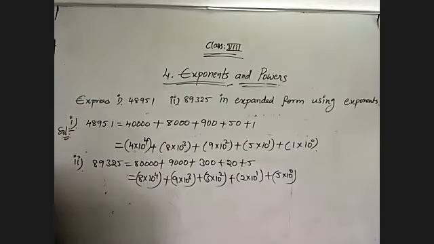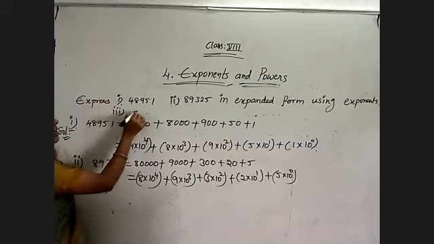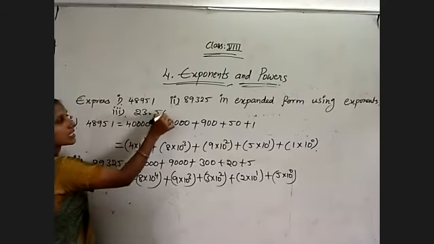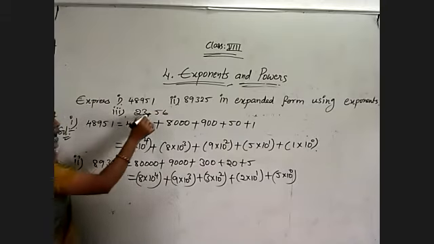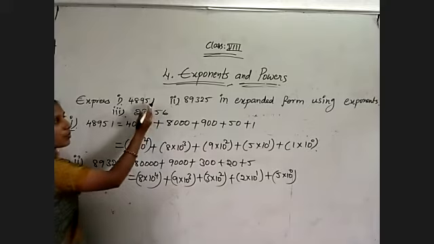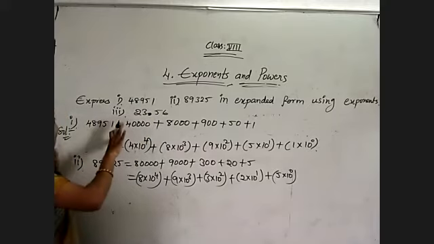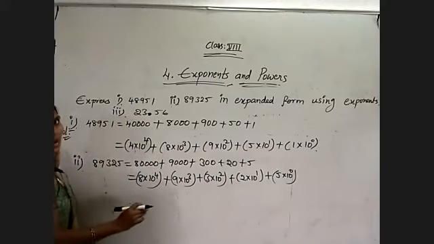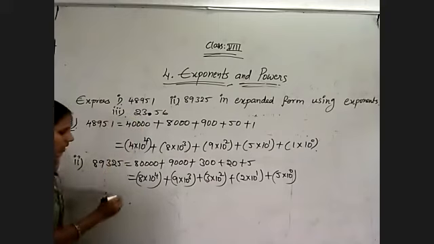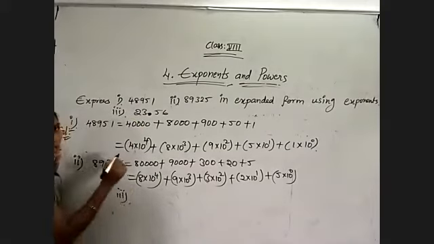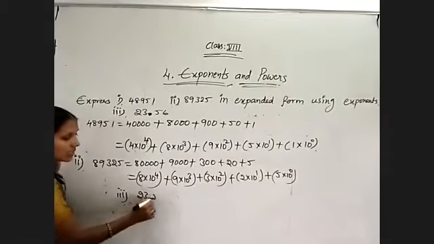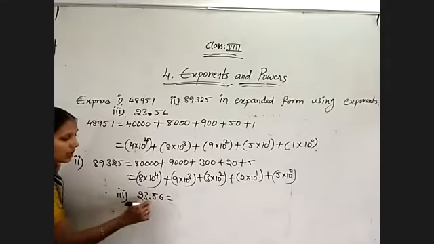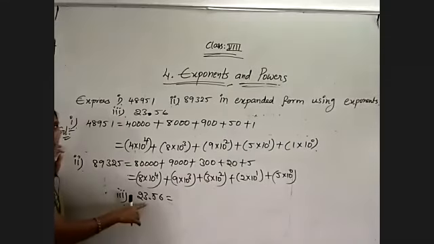Now, if we have a decimal number, for suppose 23.56. As we know, for a decimal number, before the point is the whole number part, and after the point is the decimal part. So how do we expand that number? 23 is a whole number. 2 is in the tens place, 3 is in the ones place.